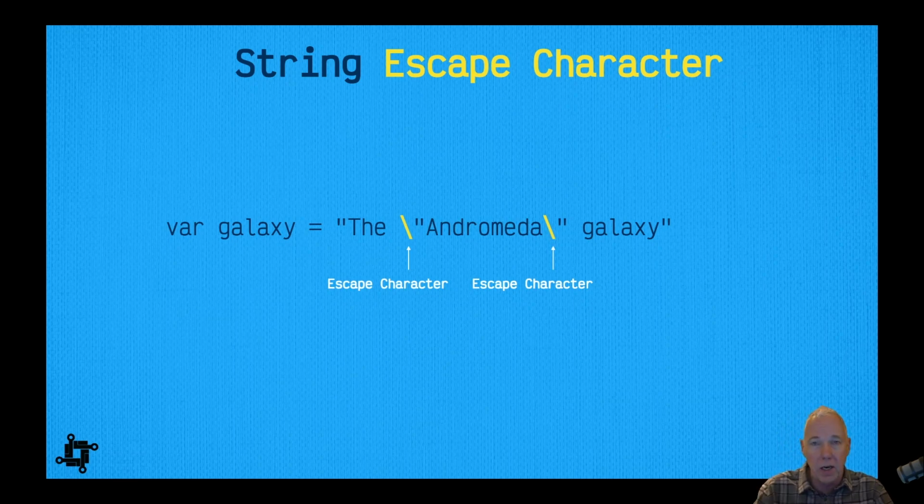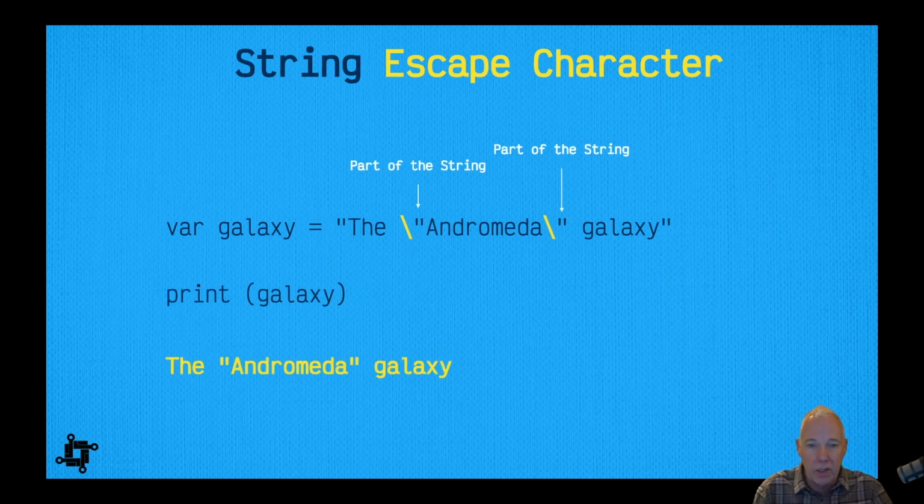So they do not start or end a string in any way. And then the end of the string is over here. So that basically creates the escape character, the slash, which allows us to put in something like another quote into our string. So that would give us, for example, the Andromeda Galaxy. When we print it, it would print like this, and it would actually print with the quotes in the string.